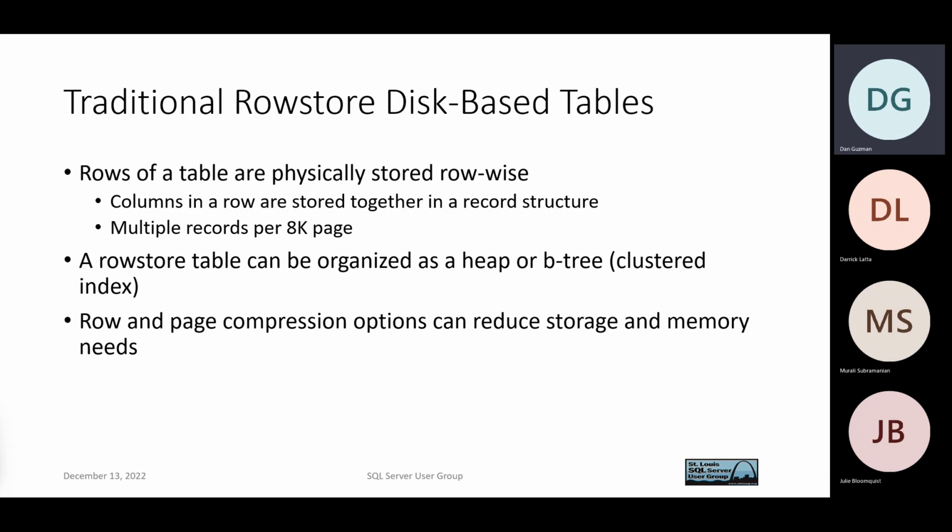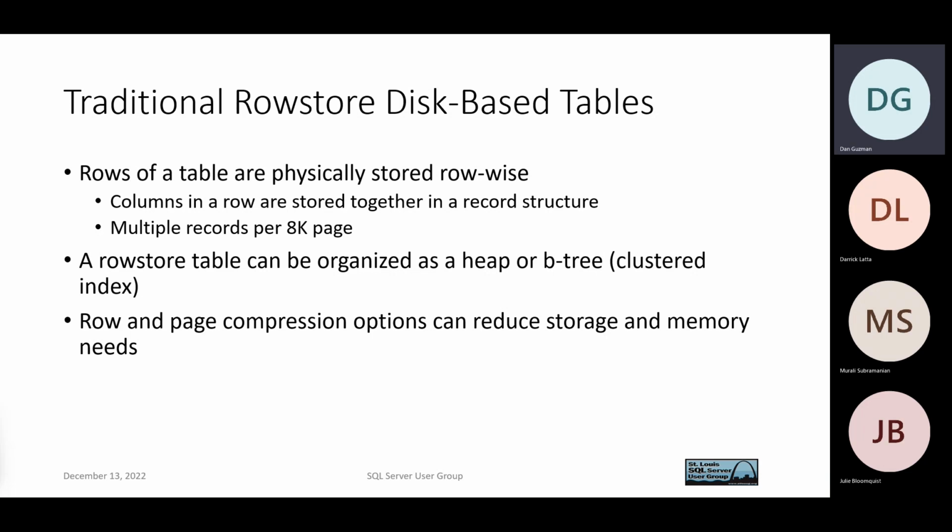So with a regular row store, you have pages and the rows are actually stored in the pages, so each page can have multiple rows inside of it. Your only choice really is whether it's a B-tree or a heap.